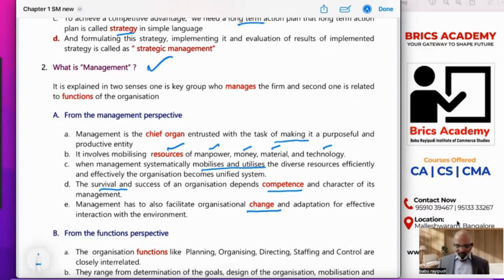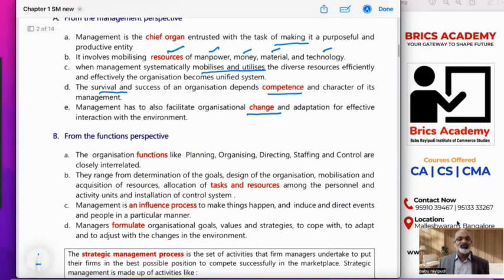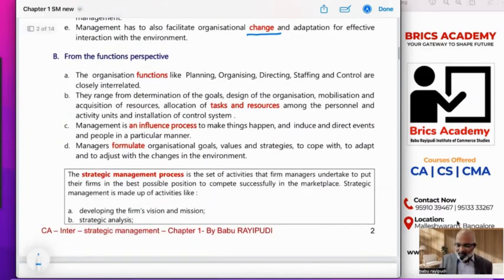Understood now? Yes. Now, from the functions perspective, let us look at management functions here. Okay, see the first one: functions like planning, organizing, directing, staffing, controlling. So in management, these are the functions. You must have studied this in 11th class, 12th class, or graduation first year.